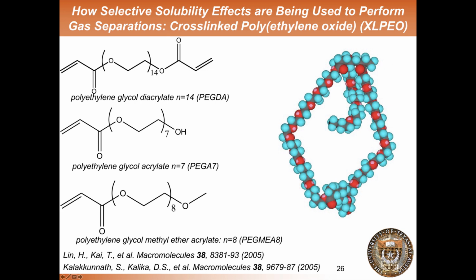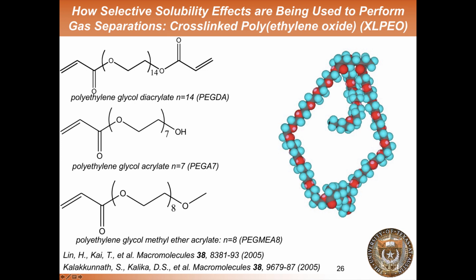The double bonds on either end, these are acrylate double bonds. They're easily polymerized to form network type structures with, for example, thermal free radical polymerization or photopolymerization. It takes just a few minutes to make these in the lab, make polymers out of these.